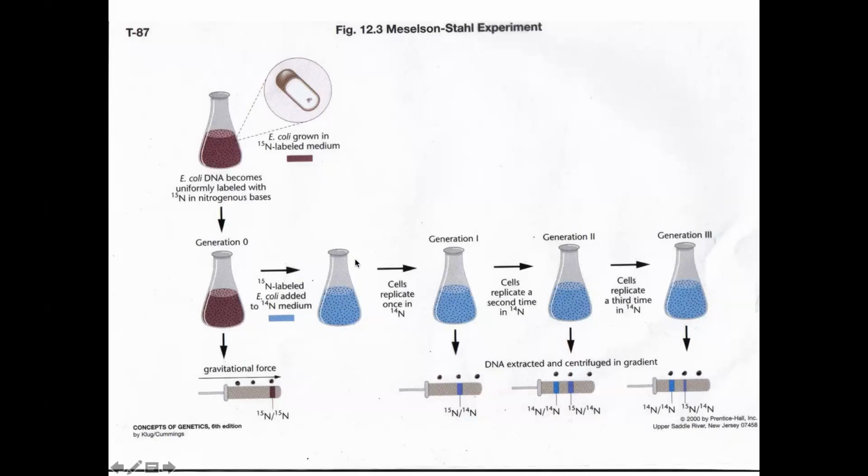So then what they did is they took some of those cells, they inoculated a new culture flask containing nutrient medium that now contained the N14, the lower density isotope of nitrogen. And they allowed for 1 round of replication in the presence of N14, 2 rounds of replication in the presence of N14, and 3 and 4 and 5.